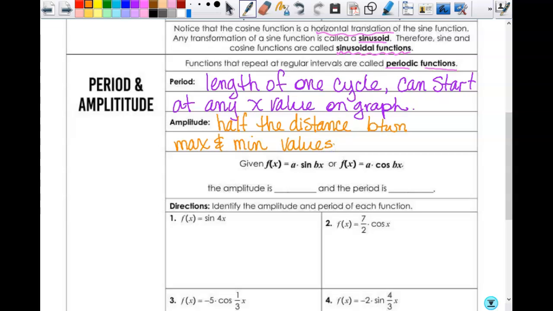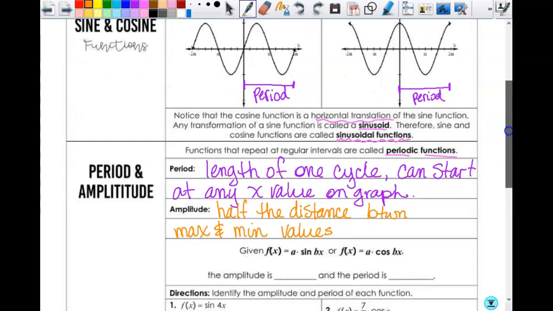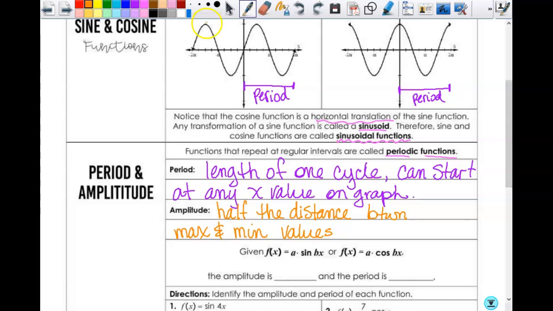Which means that since this is a parent function, it is the distance from there to there, but this is the amplitude. And even I could do it down here, it's still the amplitude.